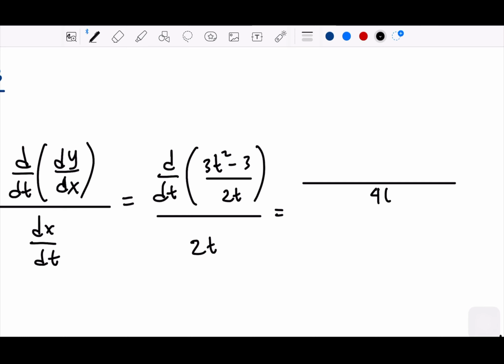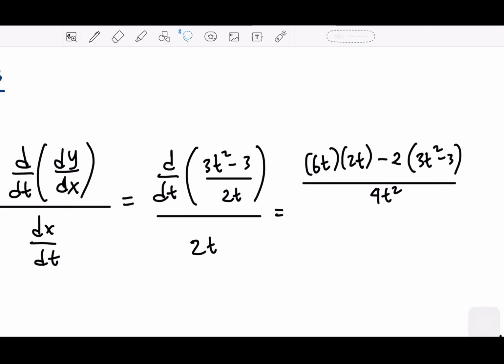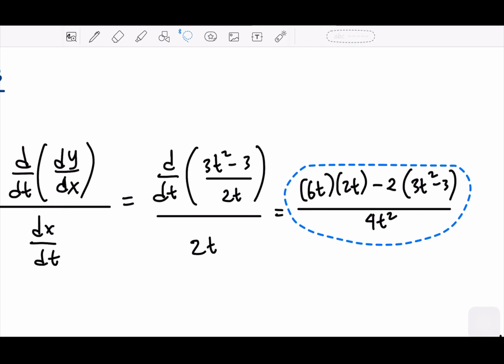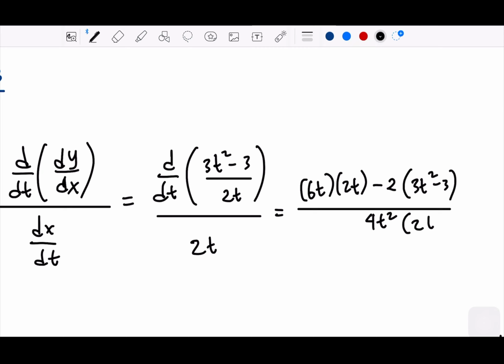So 6t times 2t, right, minus (3t squared minus 3) times 2, and then divide by 2t, but I will directly write multiply with 2t like that.